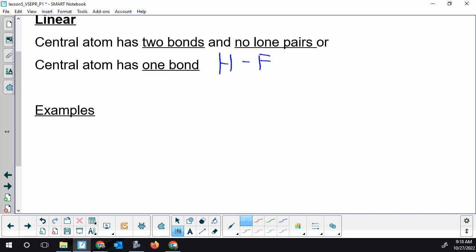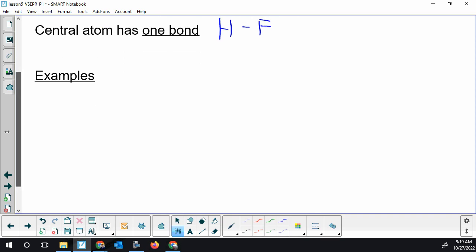I'm going to be using bonding capacity to put together pretty much all of my examples in this lesson. So group 4 has 4 bonds, group 5 has 3, nitrogen, oxygen, group 6 has 2 bonds, group 7 has 1 bond, and we're not going to see any noble gases. So carbon dioxide is a linear molecule.